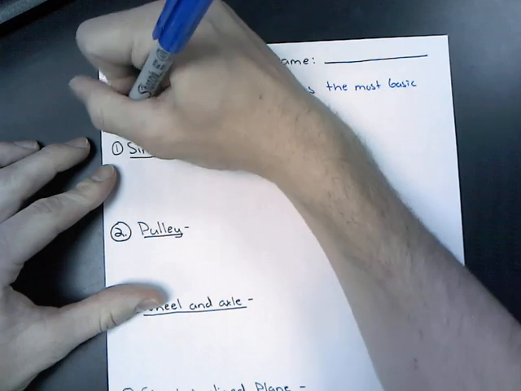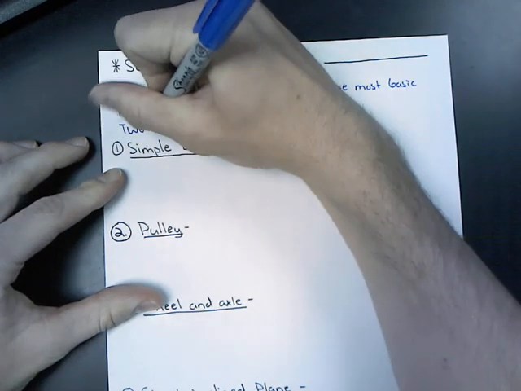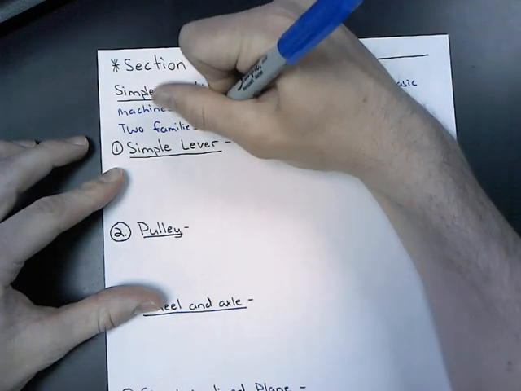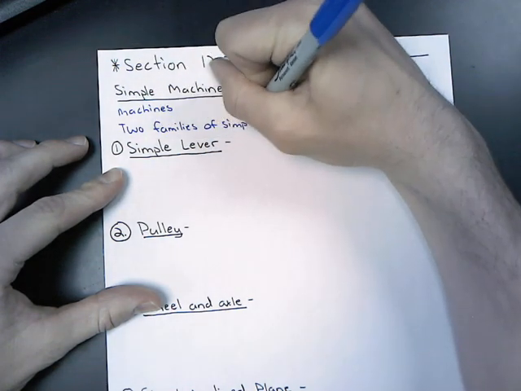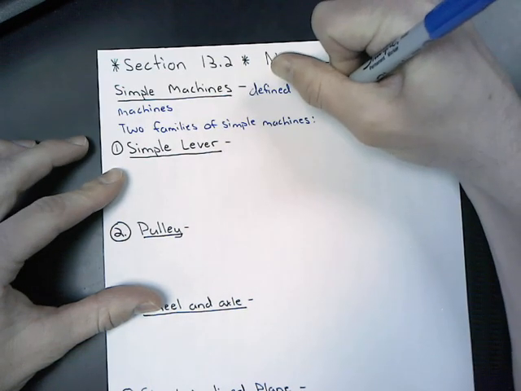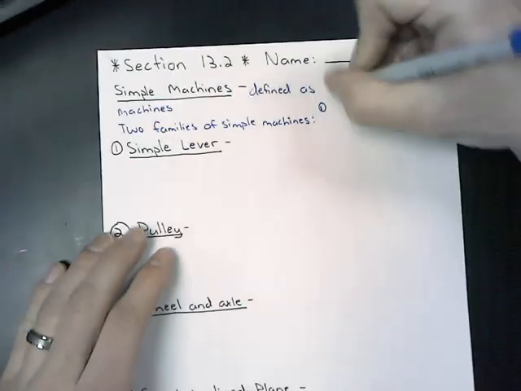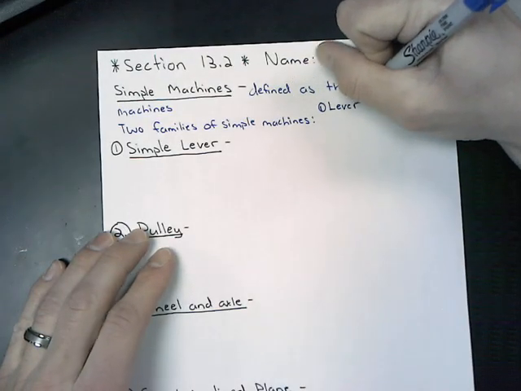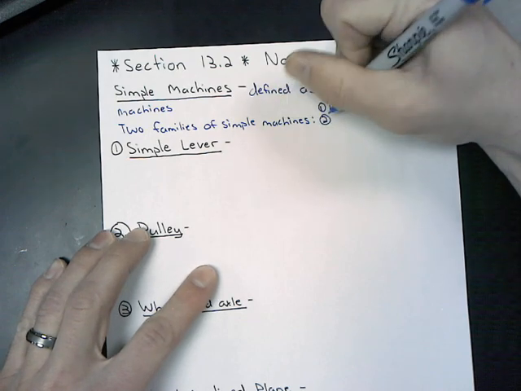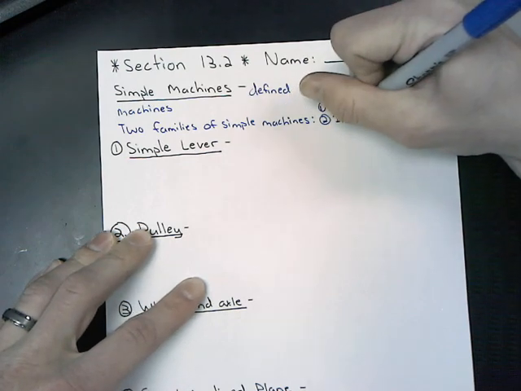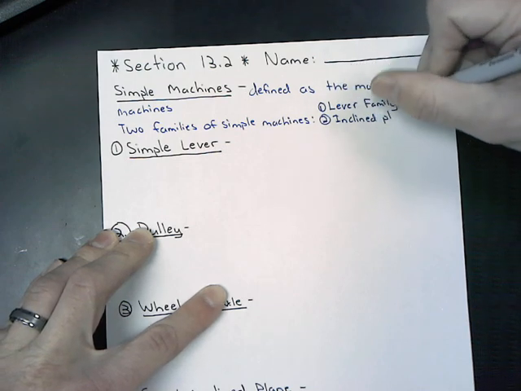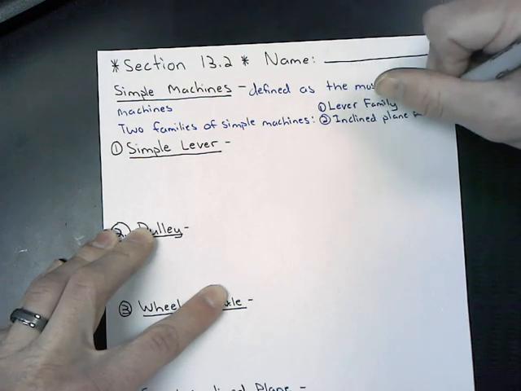So the two families of simple machines are number 1, the lever family, and number 2, the inclined plane family.